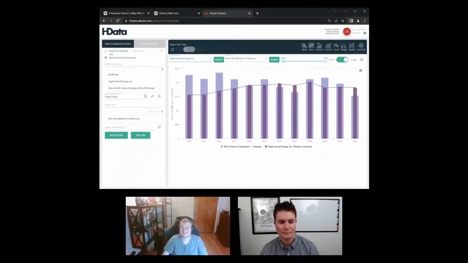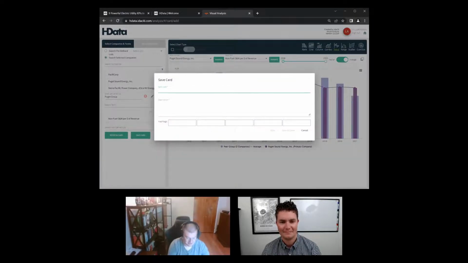You can also do it across the entire industry. If you want to have all the companies in our data set and then benchmark on all the electric companies, you can do that as well. So that's pretty cool to be able to just quickly access this information. So, say I want to look at, I'm going to go ahead and save this.